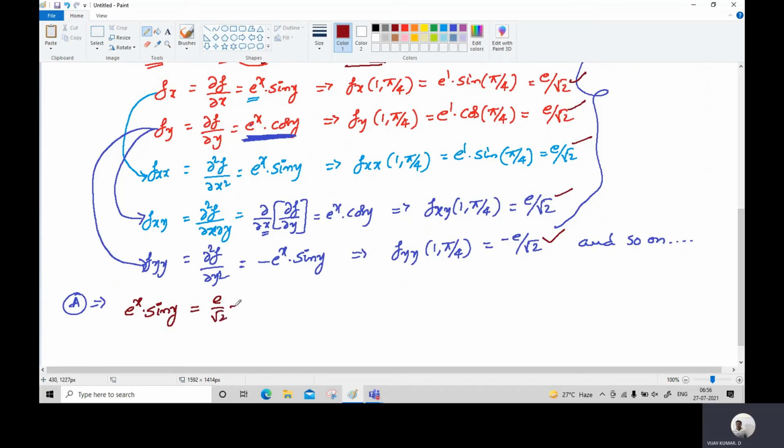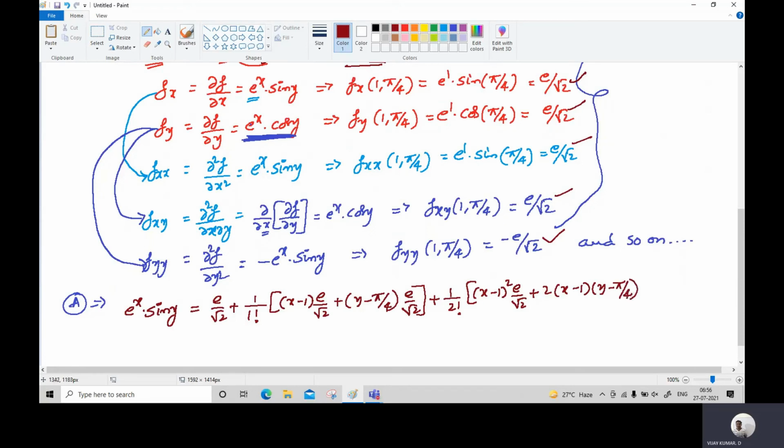So e by root 2 plus 1 by 1 factorial into (x minus 1) into e by root 2, plus (y minus pi by 4) into e by root 2, plus 1 by 2 factorial into (x minus 1) whole square into e by root 2, plus 2 times (x minus 1) into (y minus pi by 4) into f_xy at (1, pi by 4), which is also e by root 2, plus the last term is (y minus pi by 4) whole square into negative e by root 2, plus and so on.